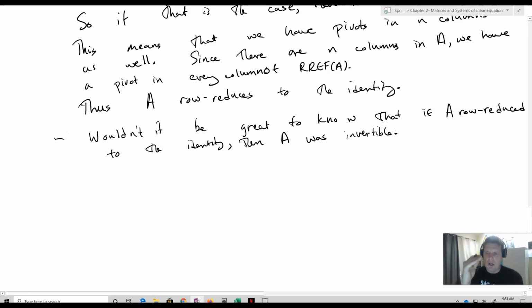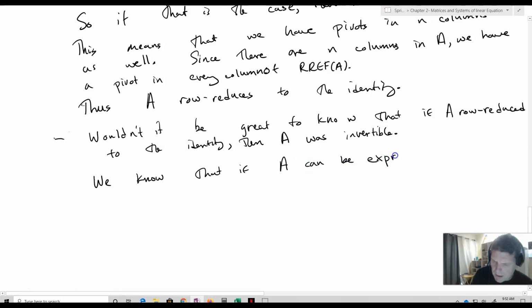Well, we talked about in an earlier section that if A can be expressed as a series of elementary matrices, then A is invertible.